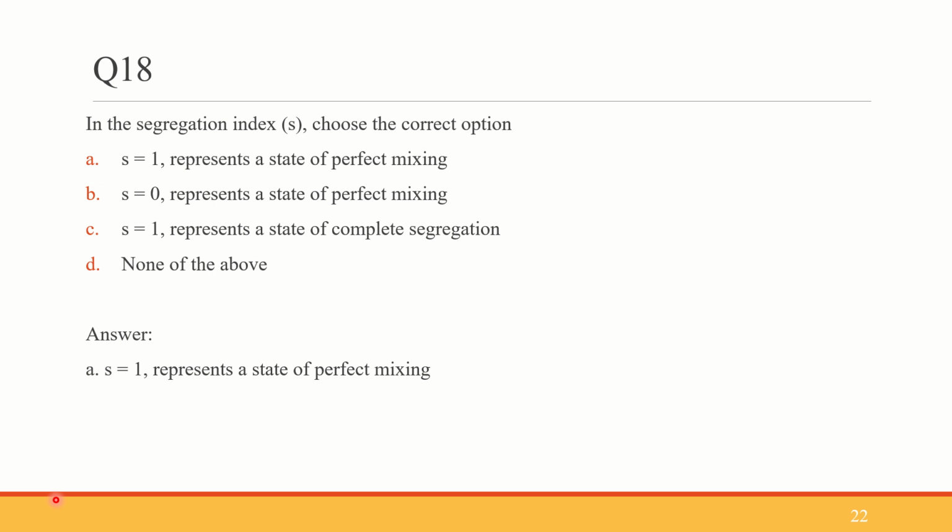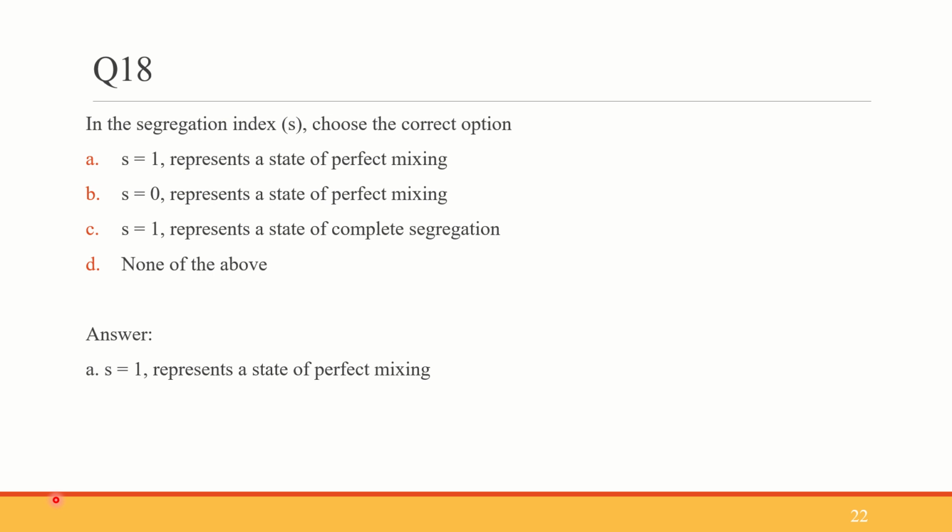So if it is 1, again it represents the state of perfect mixing, similar to how we have defined the jetsam mass fraction in the top portion of the bed divided by the jetsam mass fraction in a perfectly mixed bed.